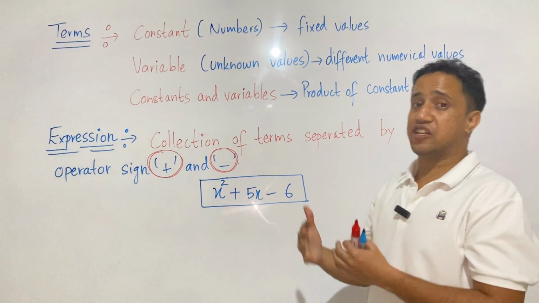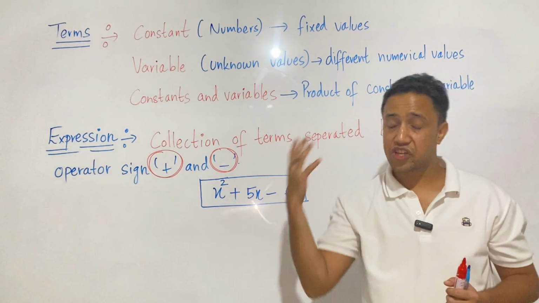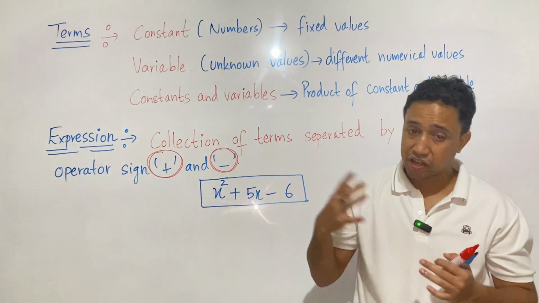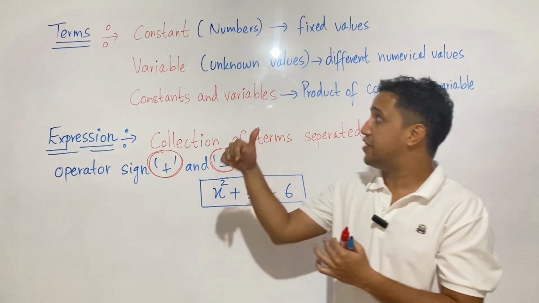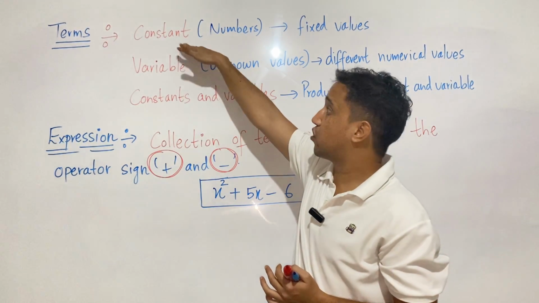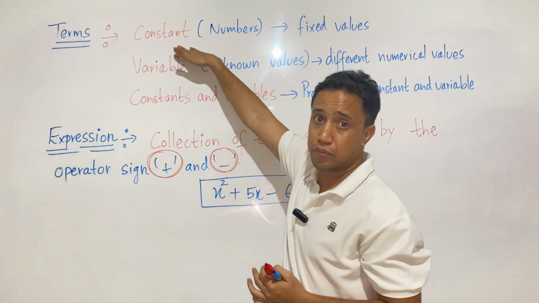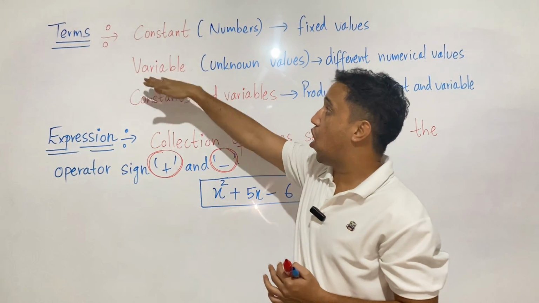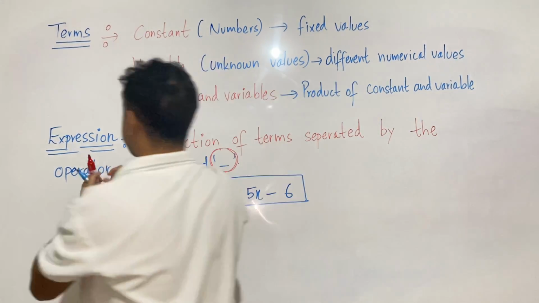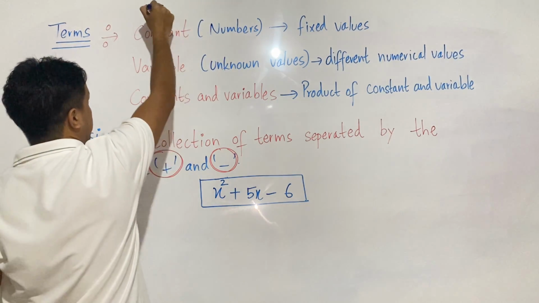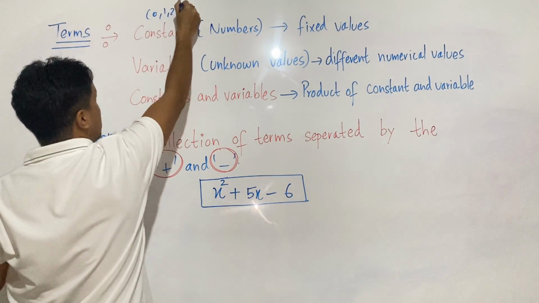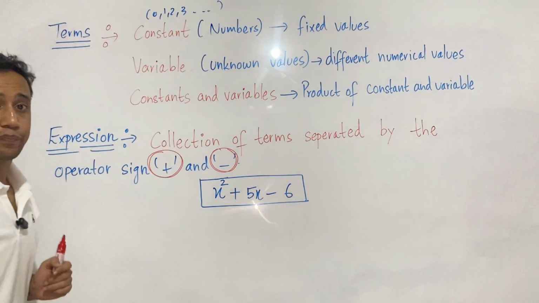Okay, so in algebraic context, terms means the components that can either be constant. Constant means any numbers that have fixed value, or variable. Right here constant means any number 0, 1, 2, 3, and so on.